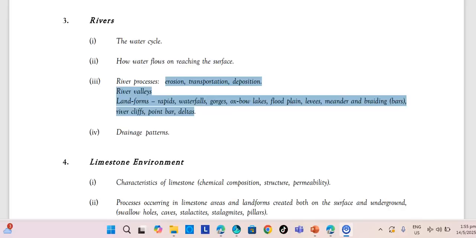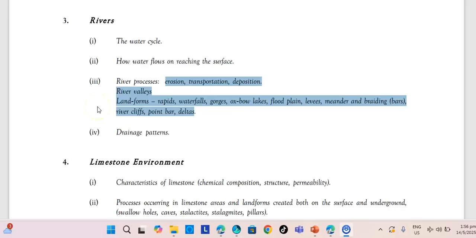At the start, which is the upper course, the rivers are small but flow quickly downhill. The fast water cuts into the land, creating a V-shaped valley. Over time, the valley becomes wider and deeper as the river continues to erode the land. So a V-shaped valley in a mountain area would definitely be an example of a river valley.